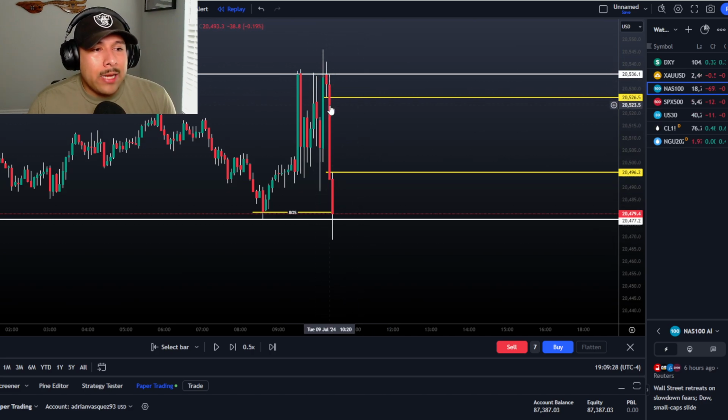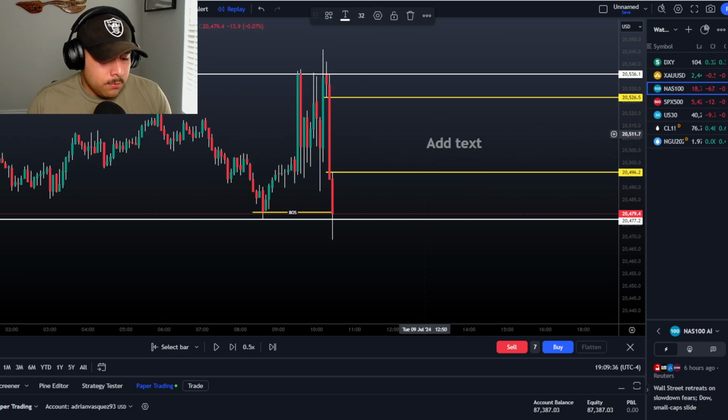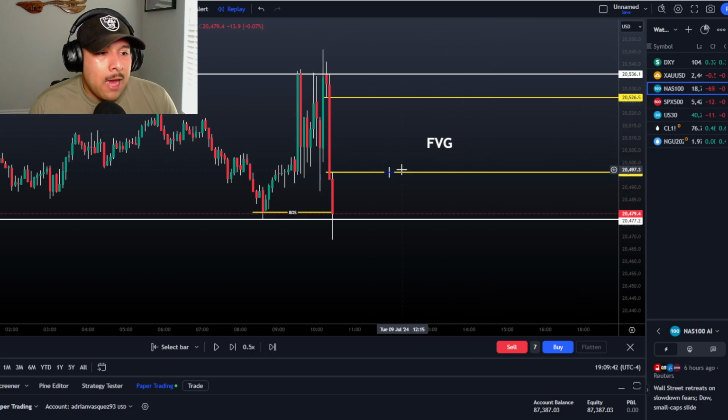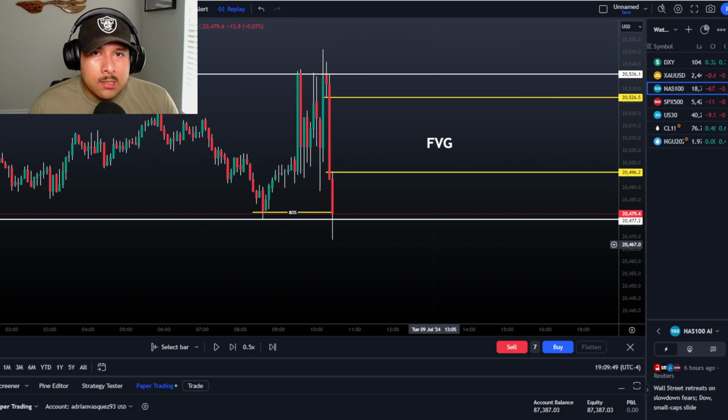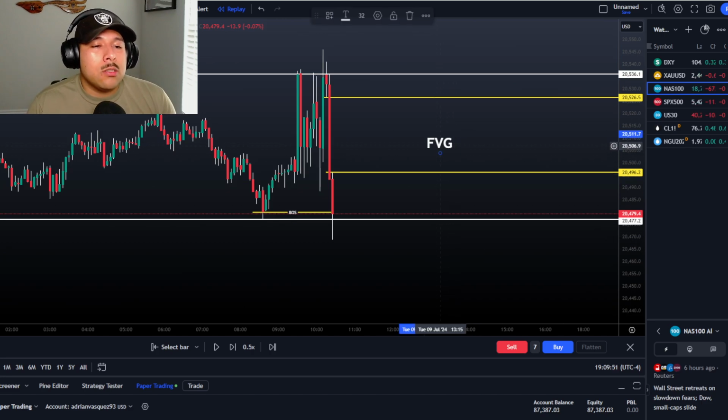We have a nice reaction or rejection from this area, leaving an inefficiency, which is a fair value gap, here is a huge gap, along with the break of structure. Once you have all those confirmations, then you can look into entering a trade.